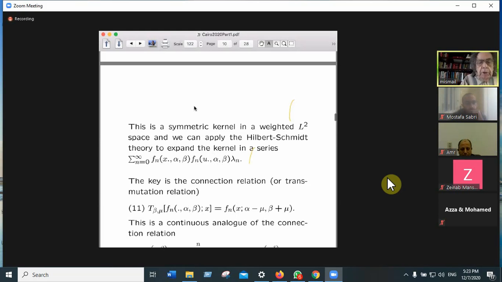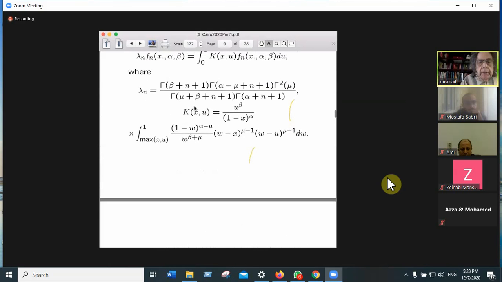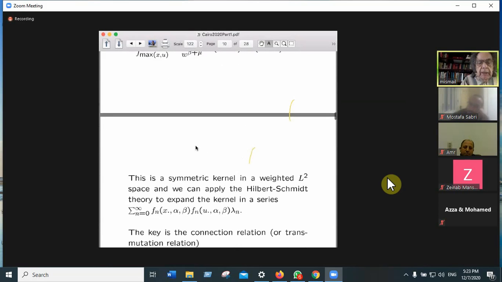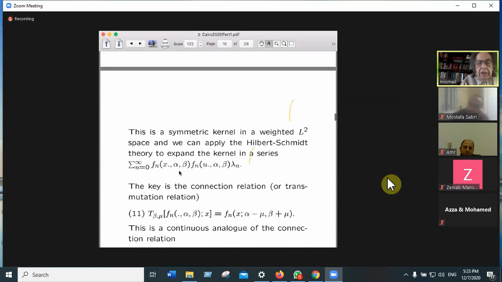Now, more importantly, you can iterate these kernels and find, like these lambda n's, you can find something similar with lambda n squared, but now these will be different, and lambda n cubed, and so on. So you can get not only this family, but families like this with square here and cube here and so on.